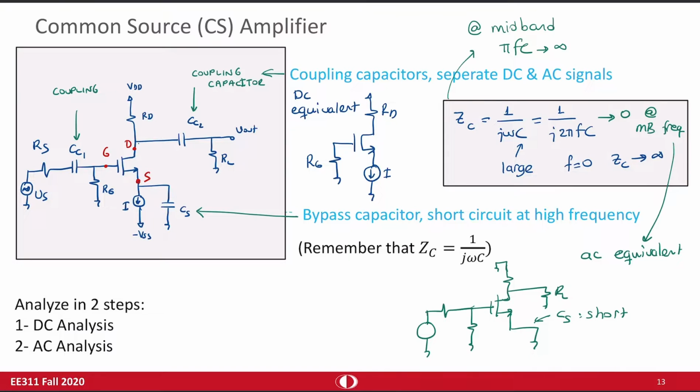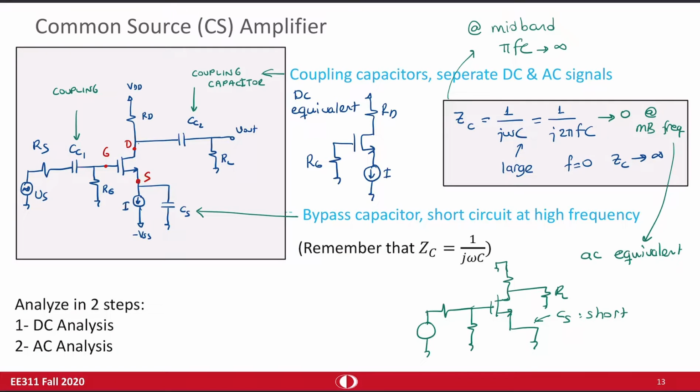So your DC biasing will not be affected by AC operation. Any AC signal will not affect the DC biasing around the transistor. For example, take a look at this node. At DC, this capacitor is an open circuit. The gate current of a MOSFET is always 0, and because of this, this node is always at 0 volts. So the DC bias does not change. This Vs cannot affect the DC bias.